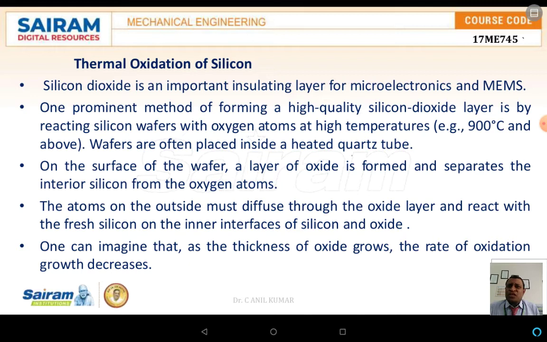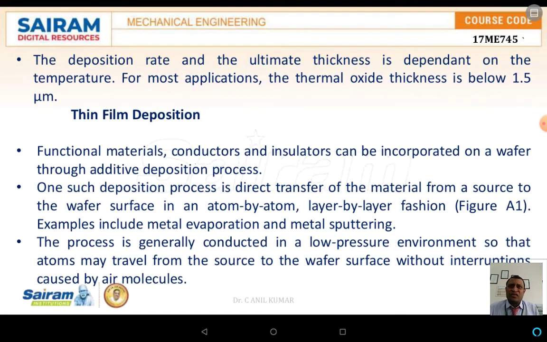One can imagine that as the thickness of the oxide grows, the rate of oxidation decreases. The deposition rate as well as the oxide thickness also depends upon the temperature range.